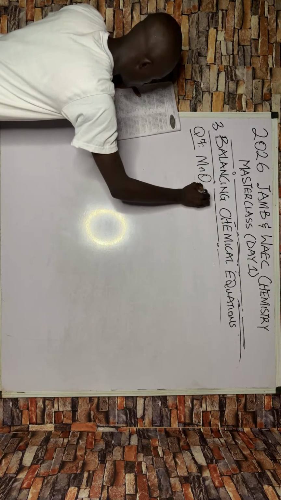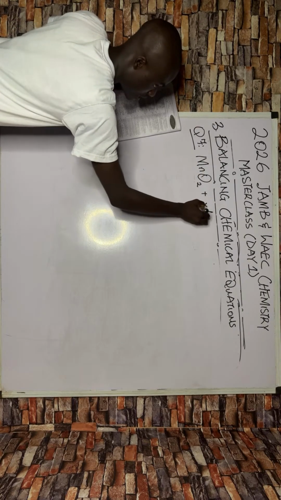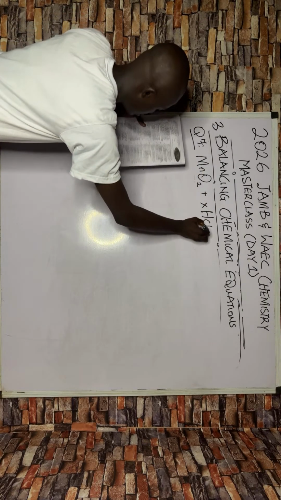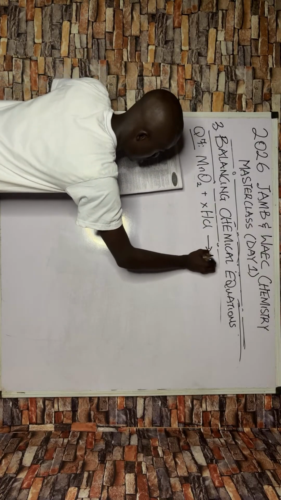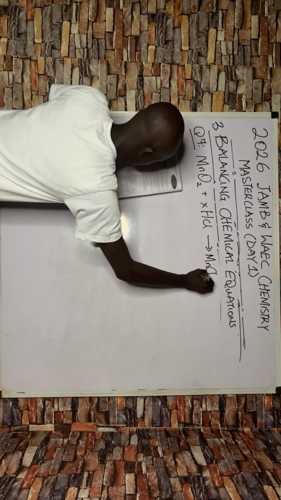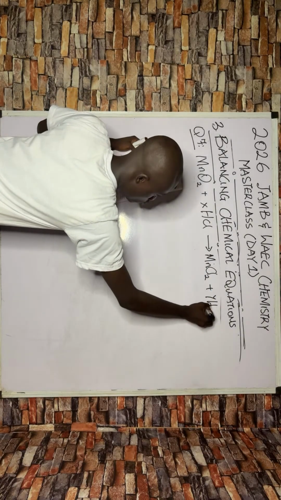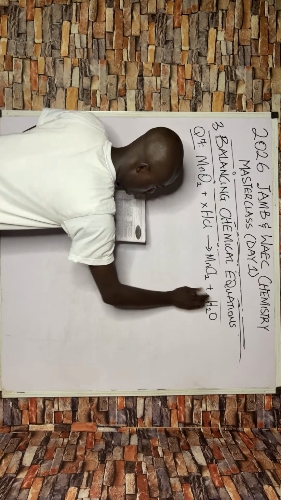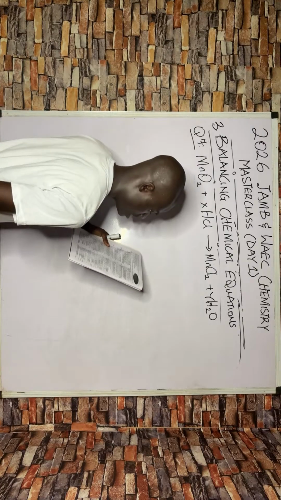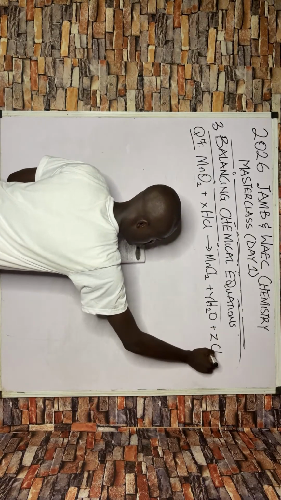MnO2 plus, we have X, we don't know what X is, XHCl to give us MnCl2, then we have YH2O, this water, this is Y, and lastly we have ZCl2.